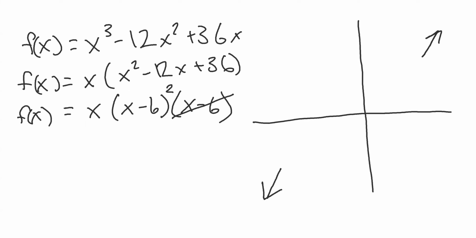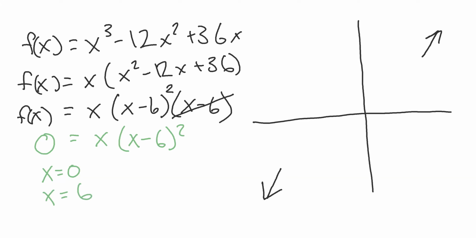So now if we want to find the zeros, we can set our function equal to 0 and figure out what values of x make our function equal to 0. Well, when x is 0, our function will be 0. And when x is 6, our function will also be 0. All right.